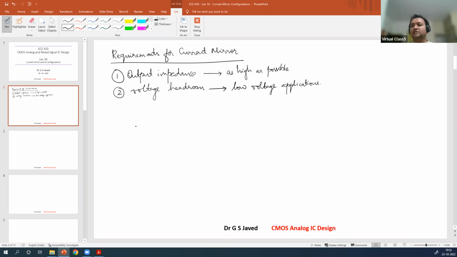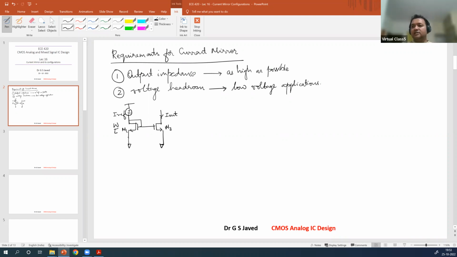Let's take our simplest example. We have the reference current followed by the diode connection followed by the output current here, M1 and M2. And the expected output current is coming here, I out, and that reflected would be IREF.